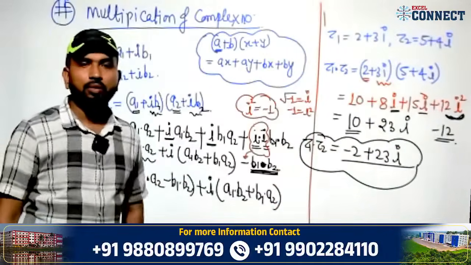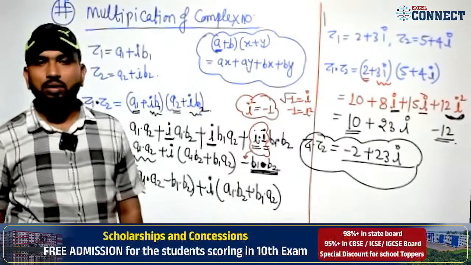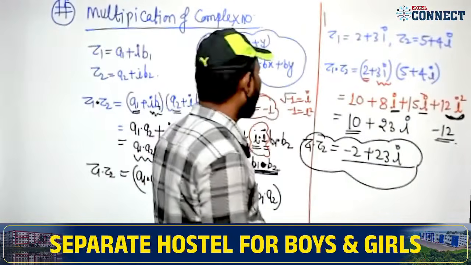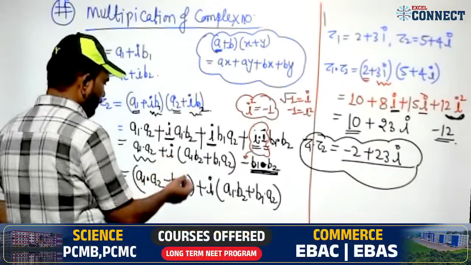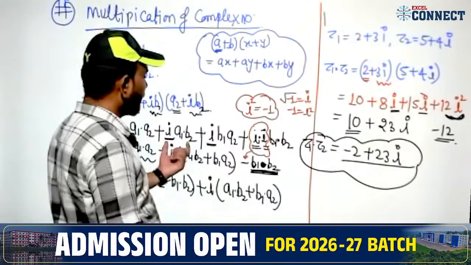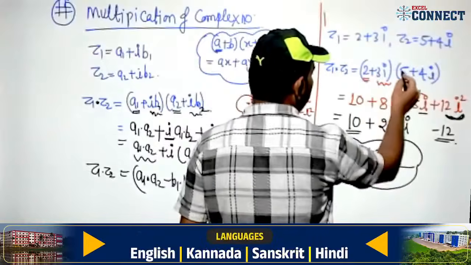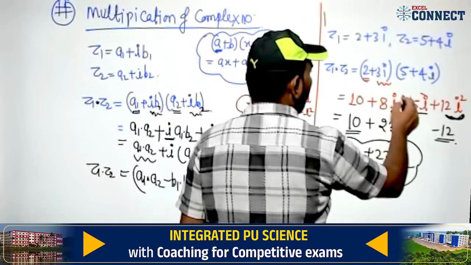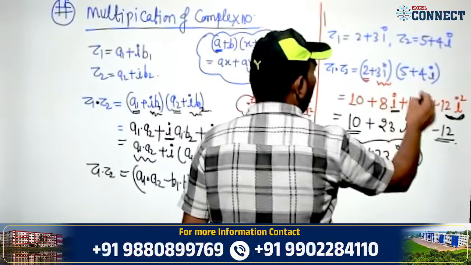Now, why did you not take the common out, sir? Why common I am taking? Here in this portion I am taking common, and here real part we are taking, imaginary part we are combining. So here in the multiplication, this into this is 10, this into this is 8i, this into this is 15 iota, this into this is 12 iota square.